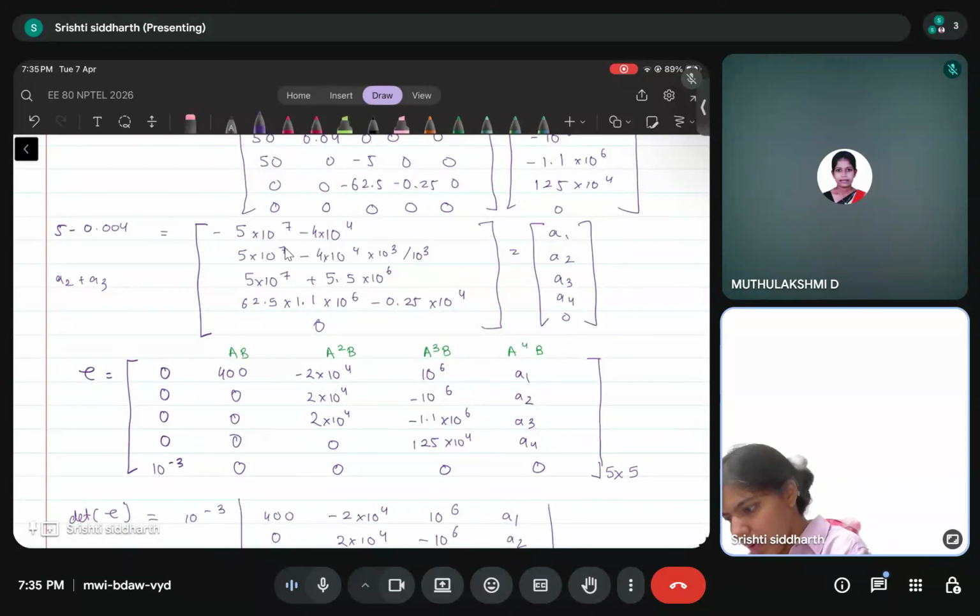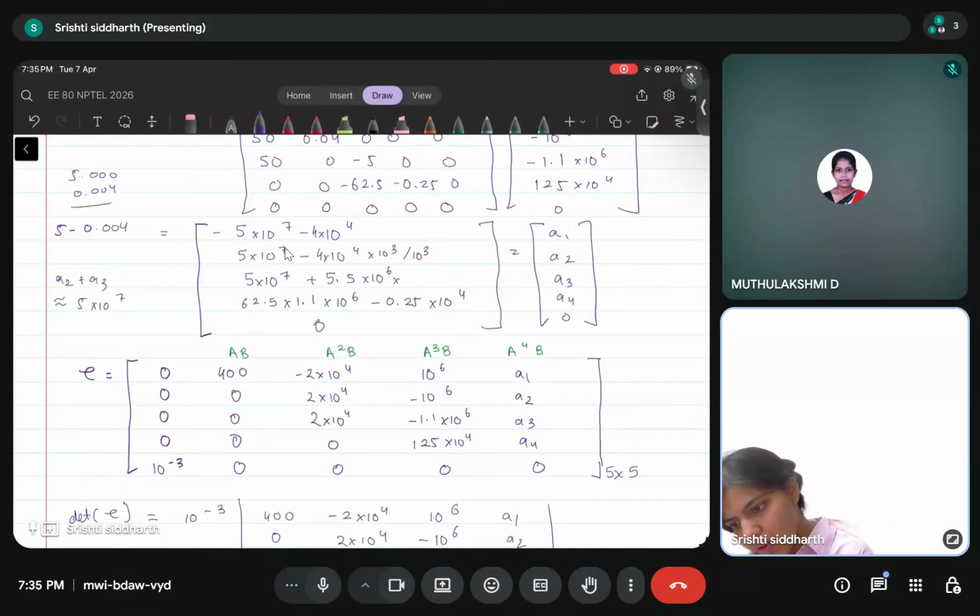So let's calculate this. I'm not sure if we should approximate this at 5. Let's do this. So this is approximately equal to 5 into 10 to the power 7.